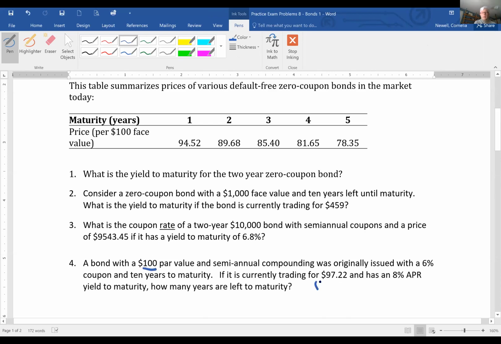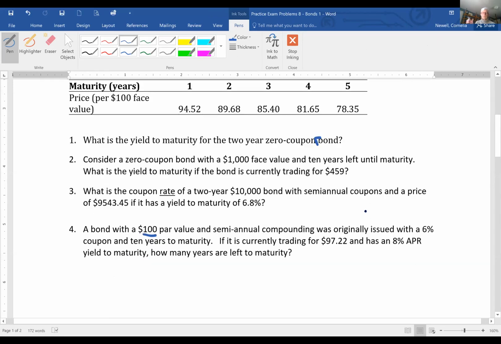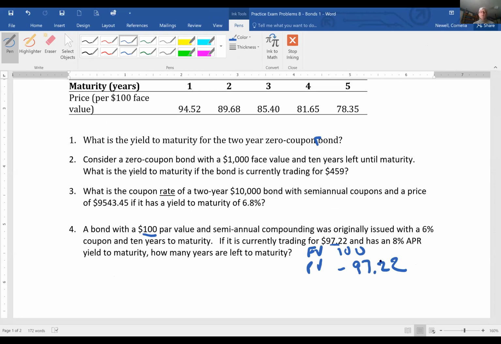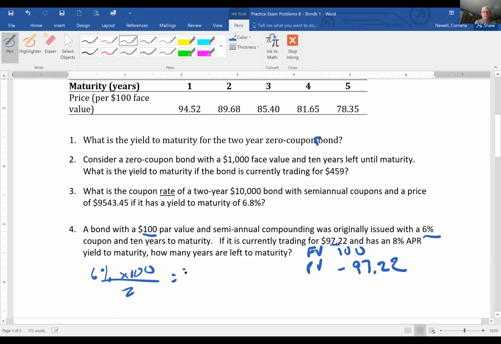Future value is 100. Present value is minus 97.22. It doesn't matter what the original number of years to maturity was, because now it's later. We're going to find out how much later. Has a 6% coupon. So 6% times 100 divided by 2 equals 3.